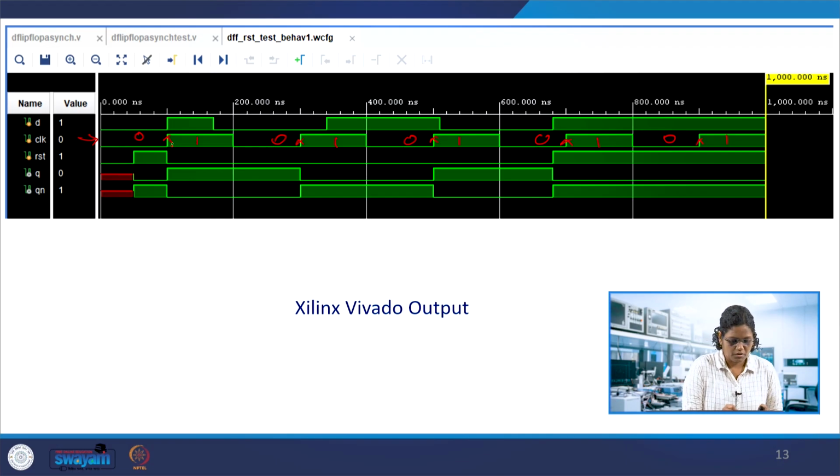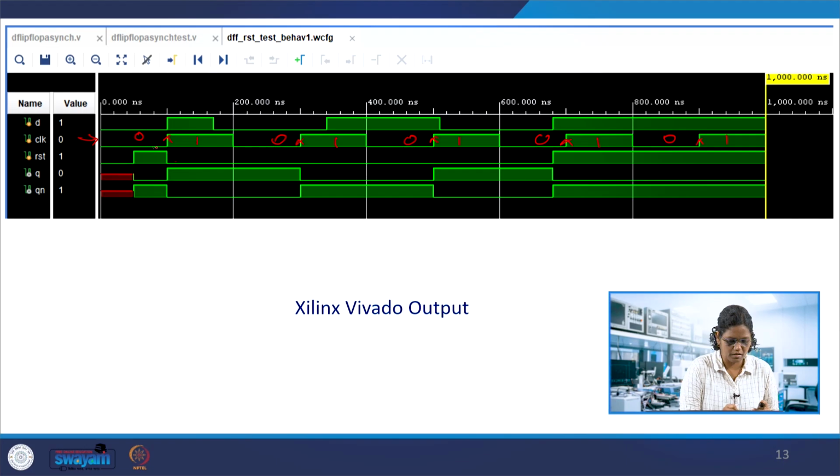Now if you look at the reset, it is initially 0 and then made 1, and it stays 1 for some time, and then it is 0 here. This is 100, okay, and this was made 1 at around 15 nanoseconds. And again this is made 0, so that D is passed to Q.